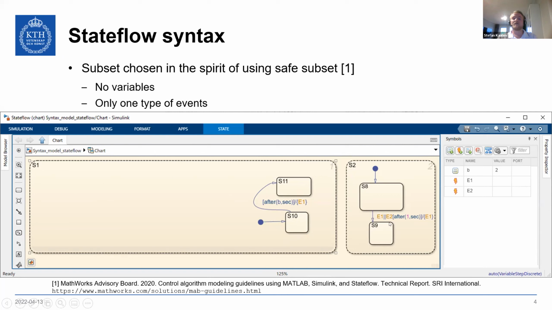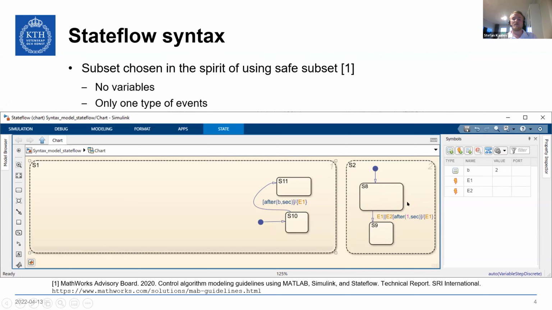Now, a transition typically looks like this. We have three parts here. We have a set of condition events, we have some kind of guard, and we have a broadcast event. So when we enter the source state, S8 here, for example, the clock for this after expression starts counting down from 1 second. And when the time has been reached, this guard is evaluated to true. But for the transition to happen, both the guard needs to be evaluated to true and one of its condition events needs to be received.